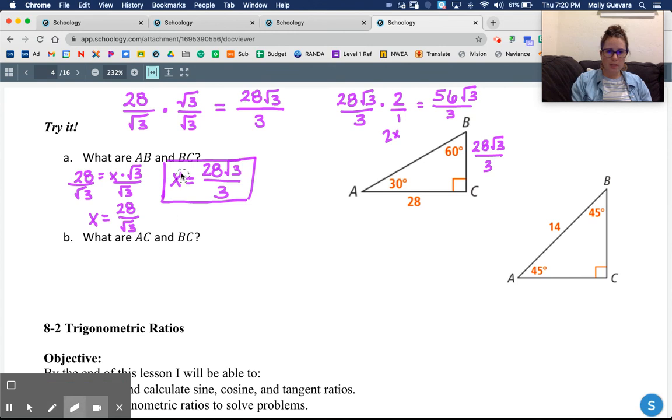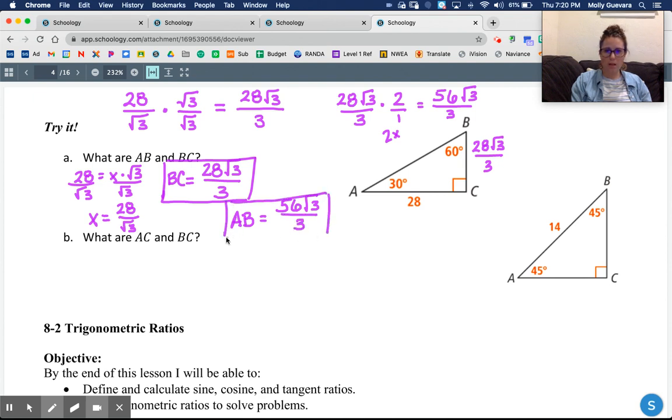So maybe instead of x, we'll write BC, since that's what it really wants us to find. And then that tells me that length AB is equal to 56 square root of 3 over 3. That is a hard problem. That would be a very high level problem like that. Okay, next one's not as bad.